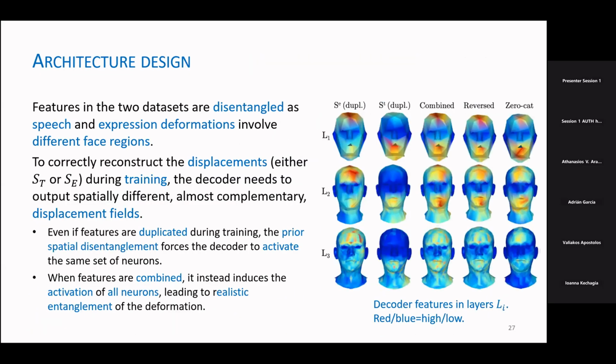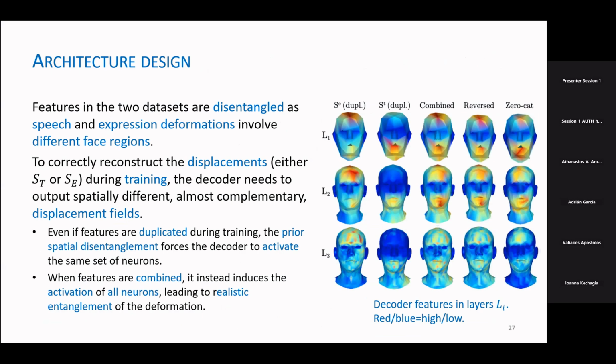And so here you can appreciate how this strategy is capable of keeping the movement that results from the emotional part, which is the first column, and the movement that comes from the talking head part, which is the second column.